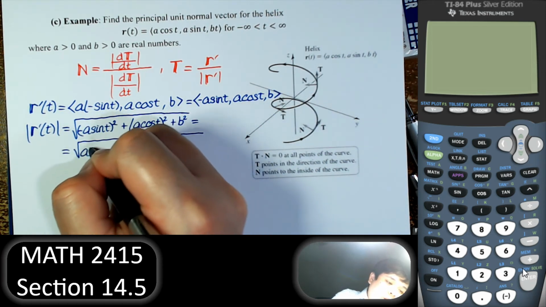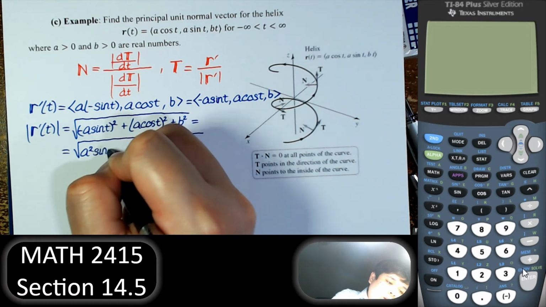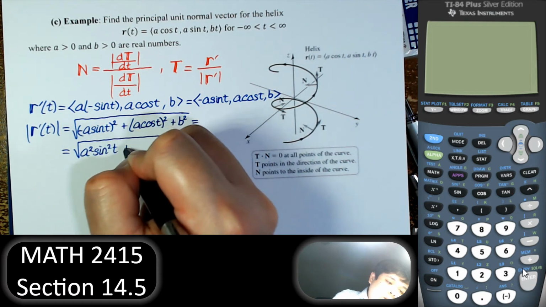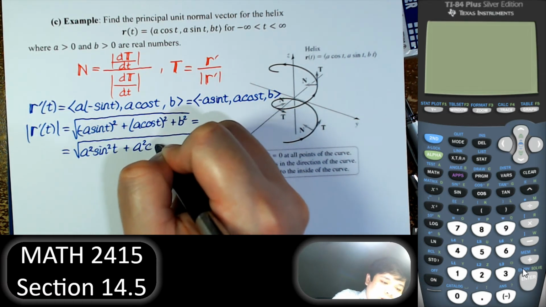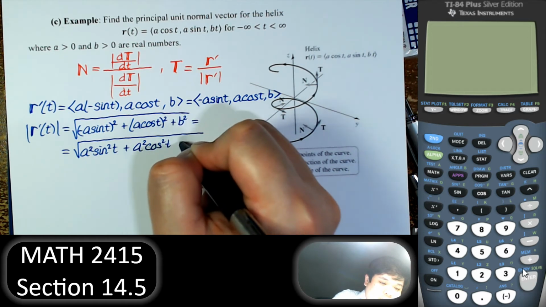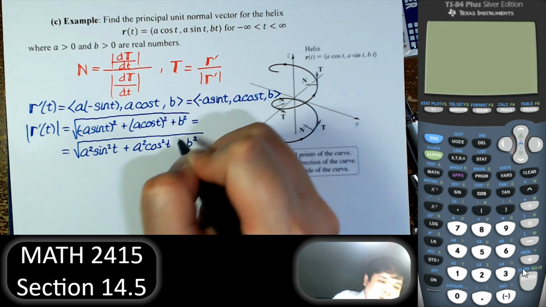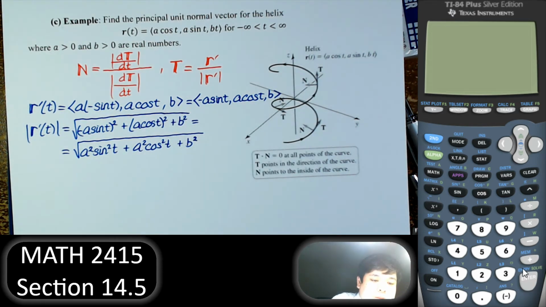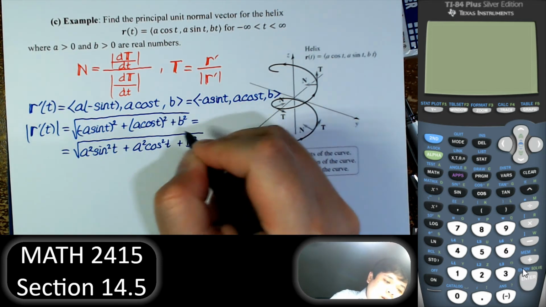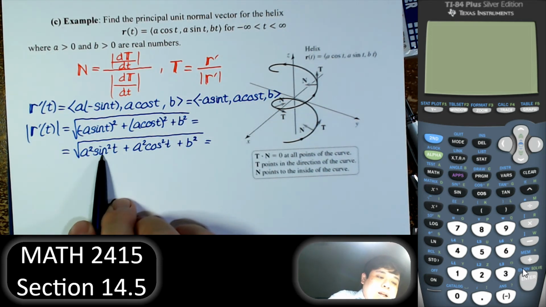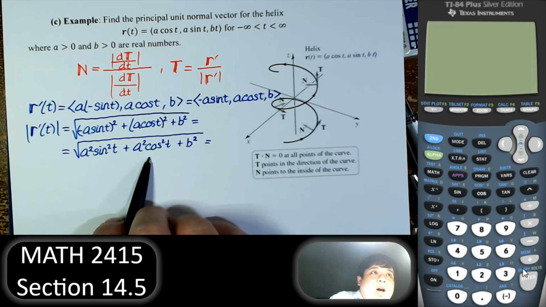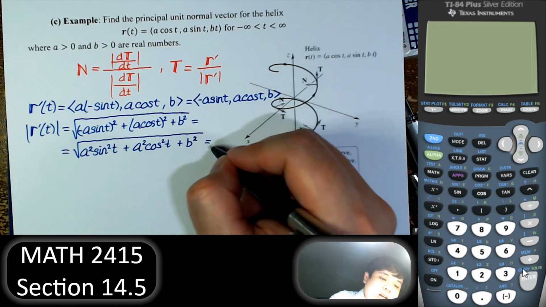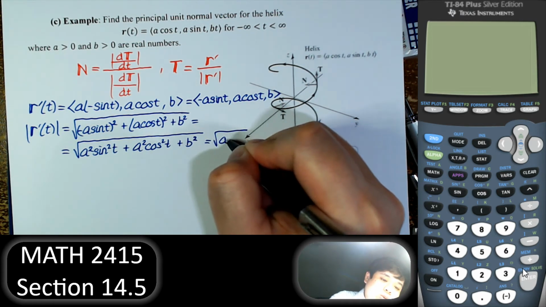So we have a squared sine squared, a squared cosine squared, and b squared. Sine squared plus cosine squared is 1. Factor out, we have a squared. So this is just a squared plus b squared.